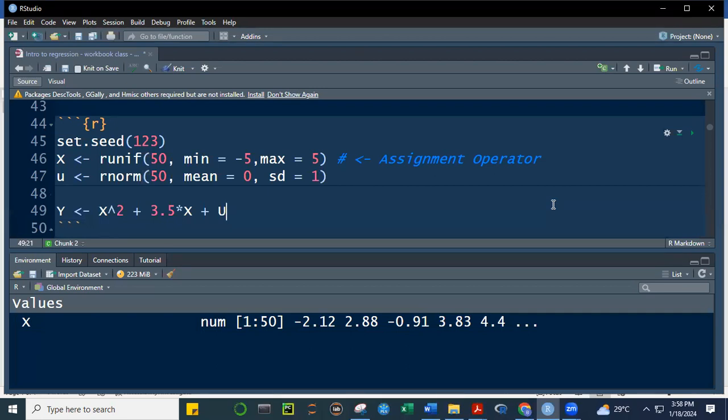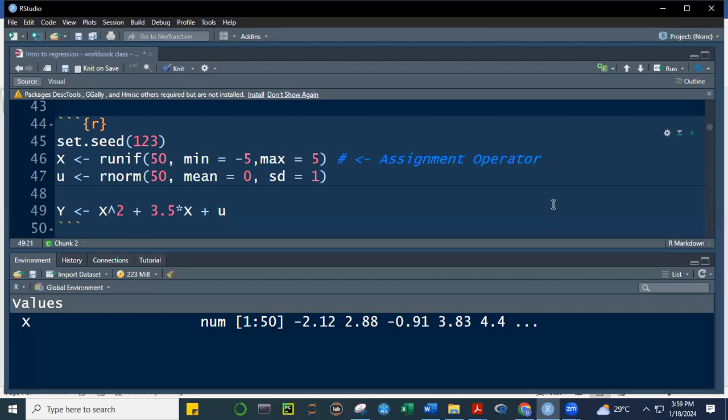All right. Small u dapat. Yan. Okay, take a look at y. Notice our y will be generated by multiplying whatever x you get, i-square niya, tapos i-add niya yung 3.5 times x plus yung u, no? Yung u na random numbers lang yan na normally distributed.